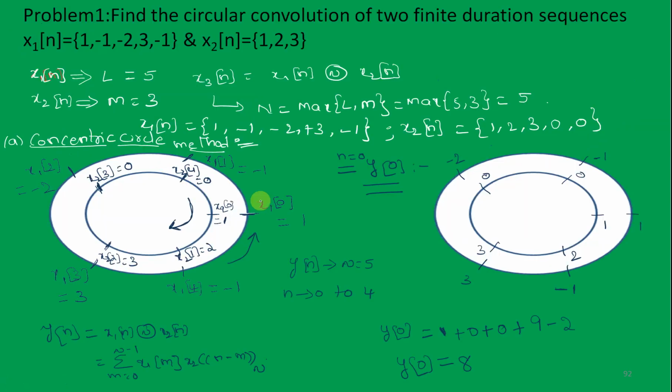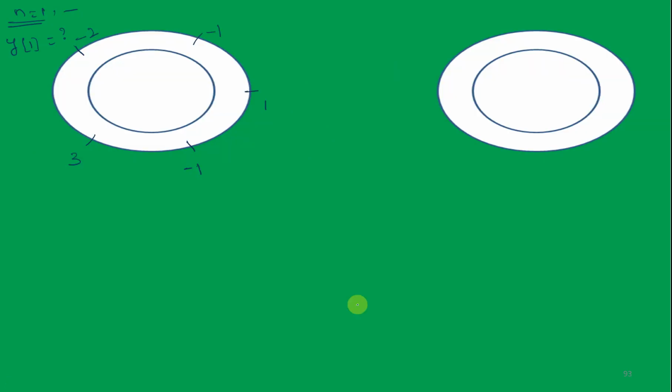But the inner circle should be rotated. Placing is clockwise, but to find the y of n values we have to move it in the anti-clockwise direction. Don't get confused here, just follow these steps.